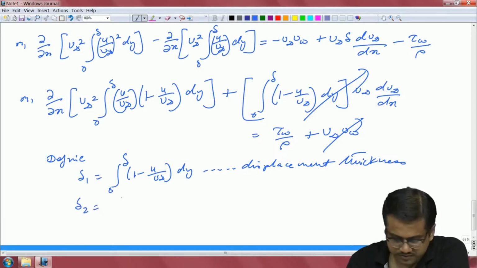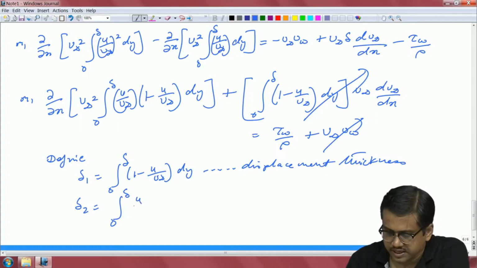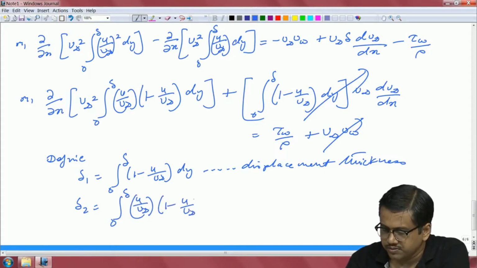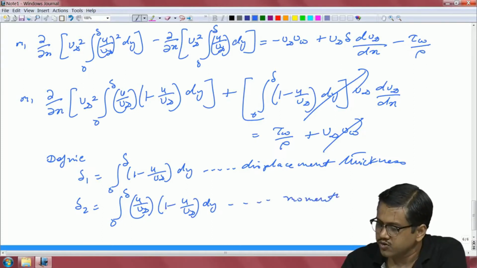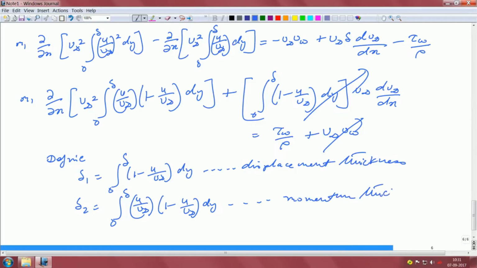The other one is basically what we call the momentum thickness. Okay. So, the displacement thickness and the momentum thickness. These are two parameters, one basically represents this, one basically represents that, right.